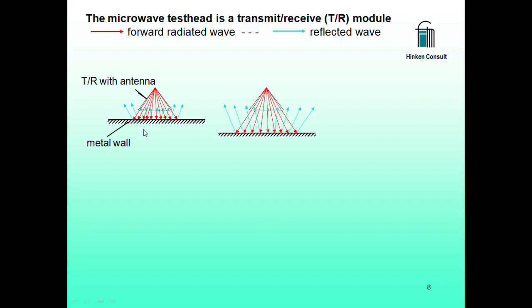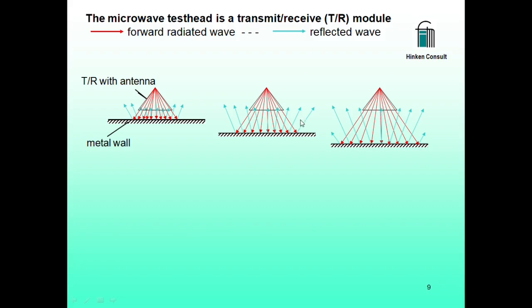Then if the distance is larger, we see that due to the reflections at the incident angle, but in the other direction at the metal wall, only a fraction of the radiated power is accepted by the receiver again. And in the third case, in this simple representation, we even see only one line which is there.